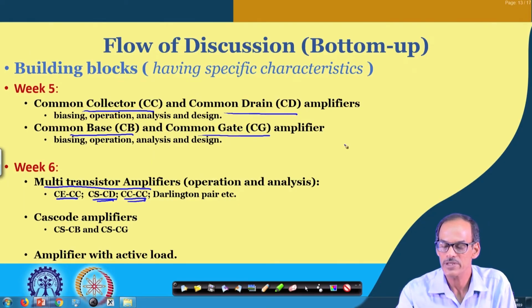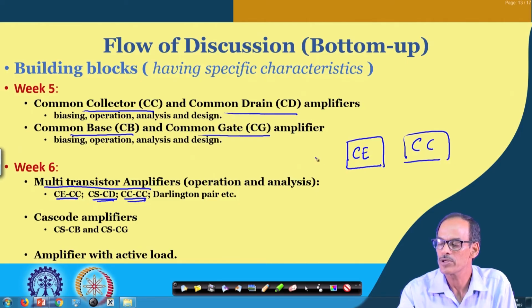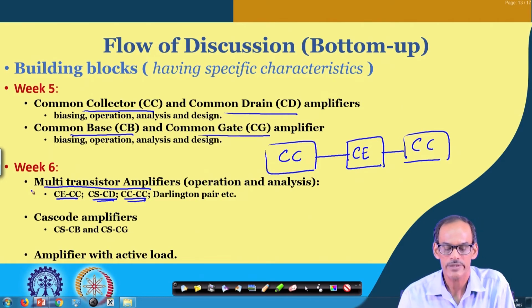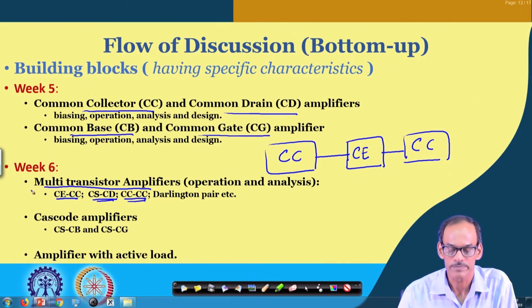Basically it need not be just CE; we may have CE followed by CC, or it may be preceded by another CC, and so on. Those are the things that will be discussed in week 6.